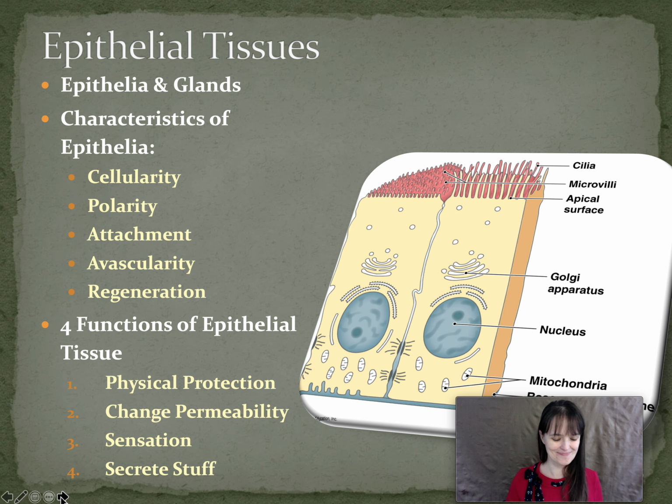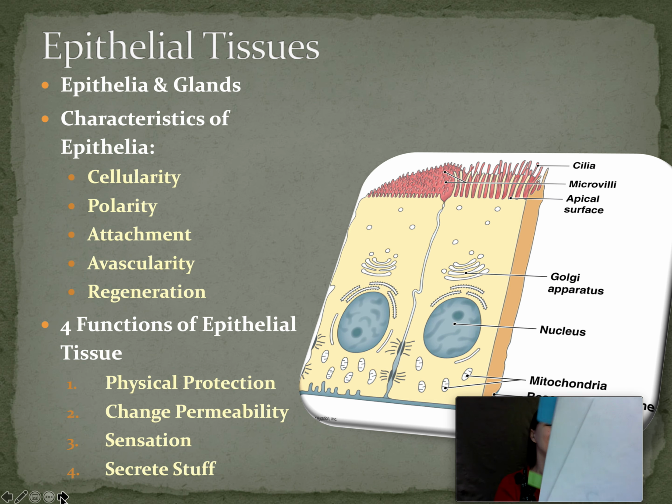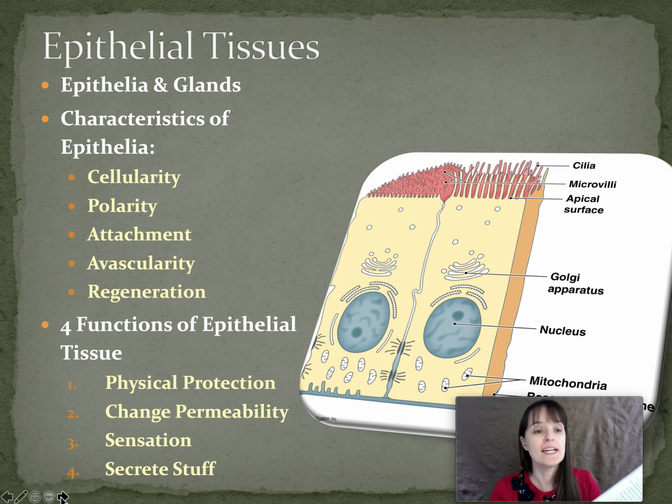So there you go. So epithelial tissue includes the epithelia and the glands. Epithelia are a layer or multiple layers of cells that cover internal and external surfaces.